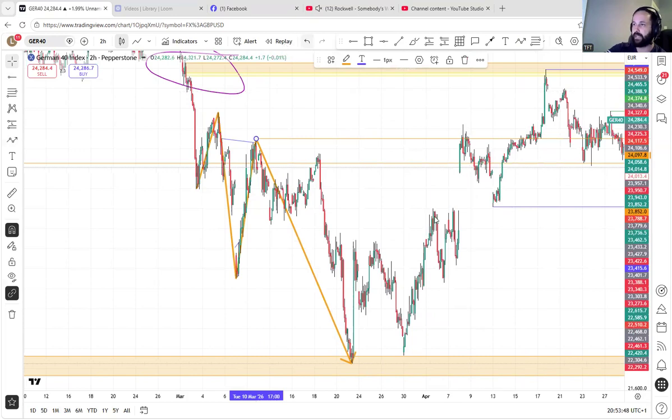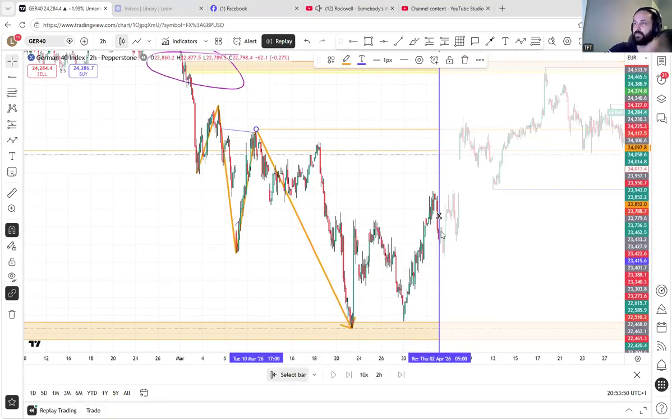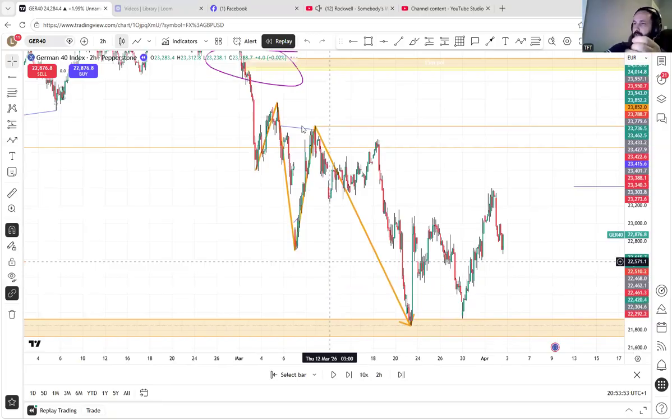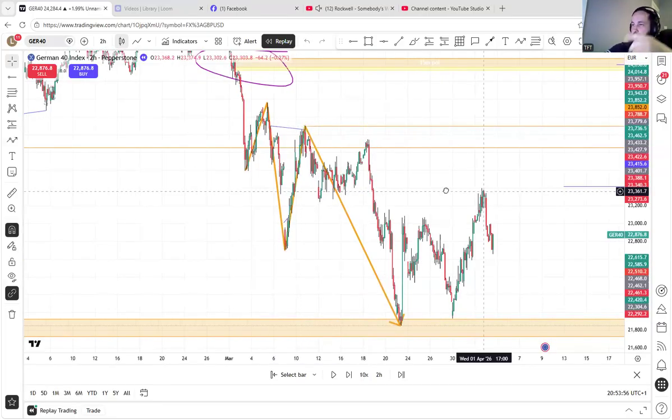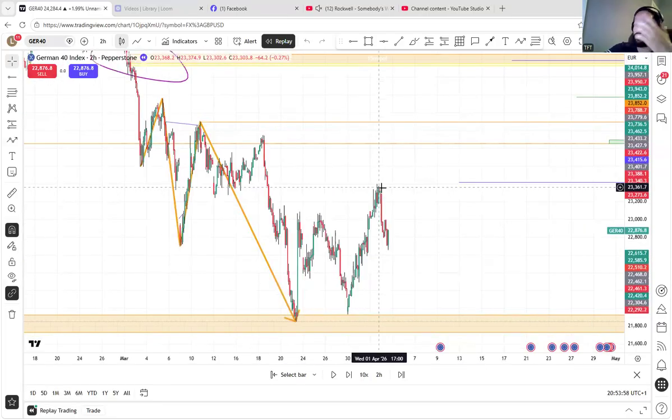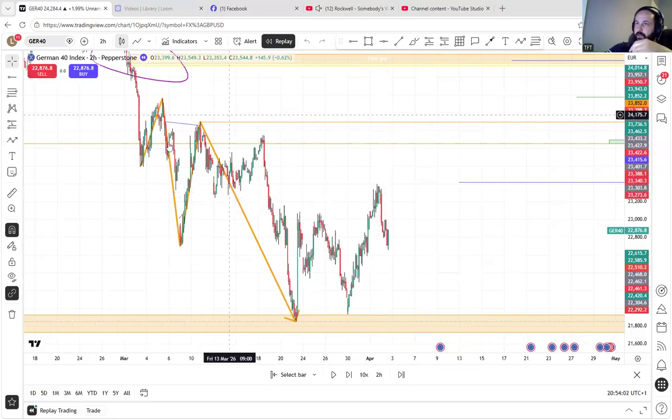If I bar replay it, if price was there, I'd be waiting for that high to be broken. Once it's broken, we can start to look for the buys because the market has told us it's going up on this structure time frame.